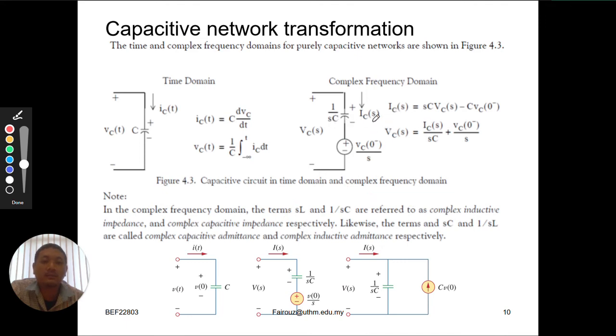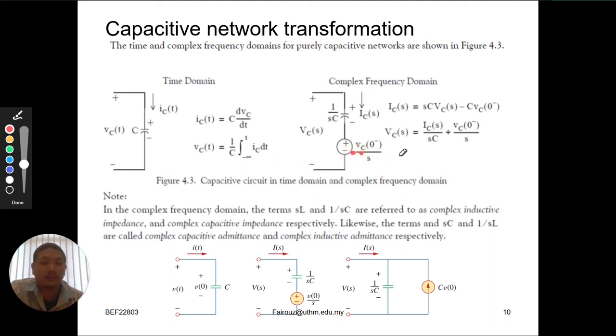For the current, before that, the initial condition is represented as a voltage supply or voltage source, right? So here the voltage source is represented as Vc over S, right?